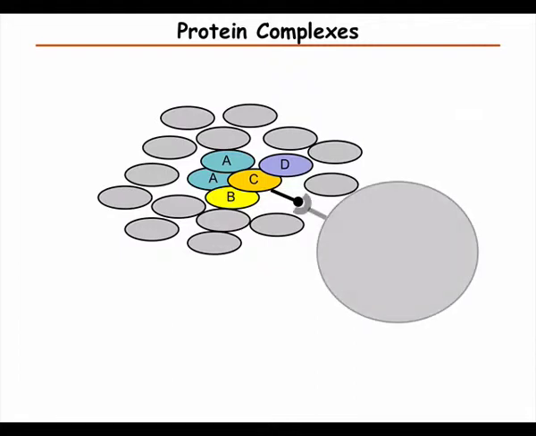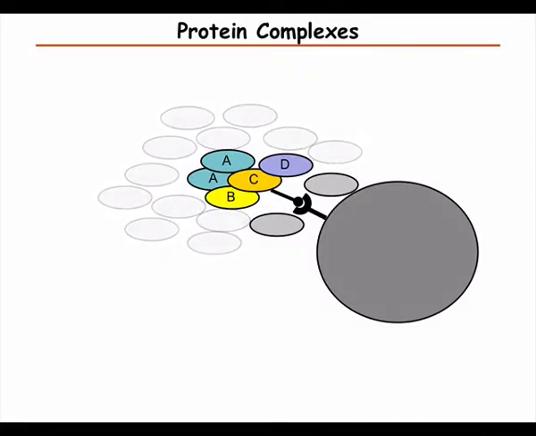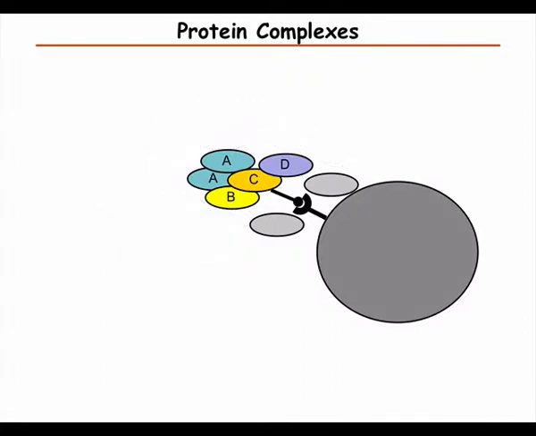So when we do a pull down, we get some contaminant proteins that are sticking, and we also lose some parts of the complex. So we have incomplete information, and then we have extras.